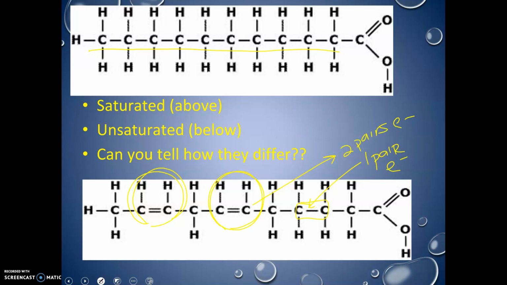It turns out that in nature, those single bonds make this structure very straight, and it makes it really easy for them to solidify. Whereas with the double bonds, even though they don't really show it here, everywhere there's a double bond, it causes it to bend in different directions. So it looks something like this instead of being straight, every time there's a double bond. And that makes it less likely to stack together and solidify.